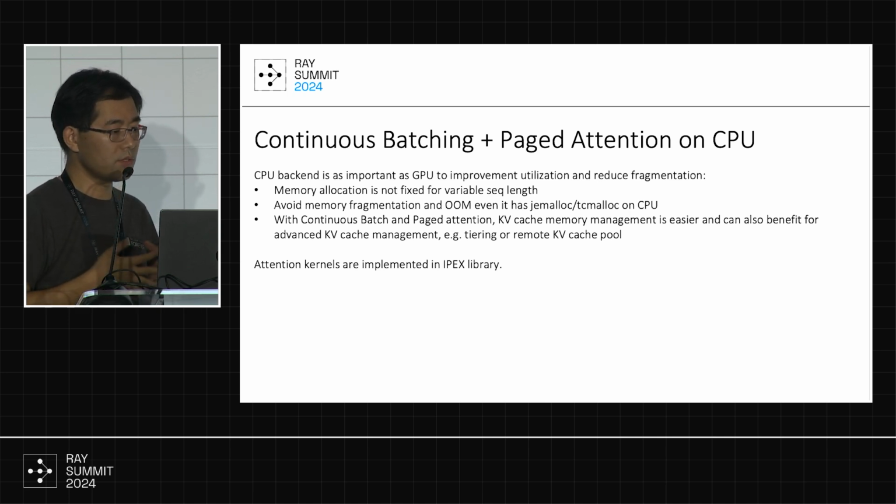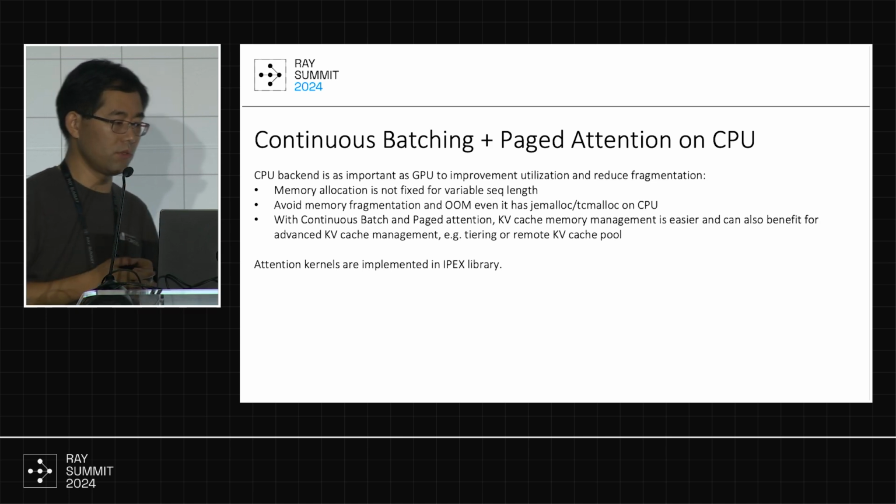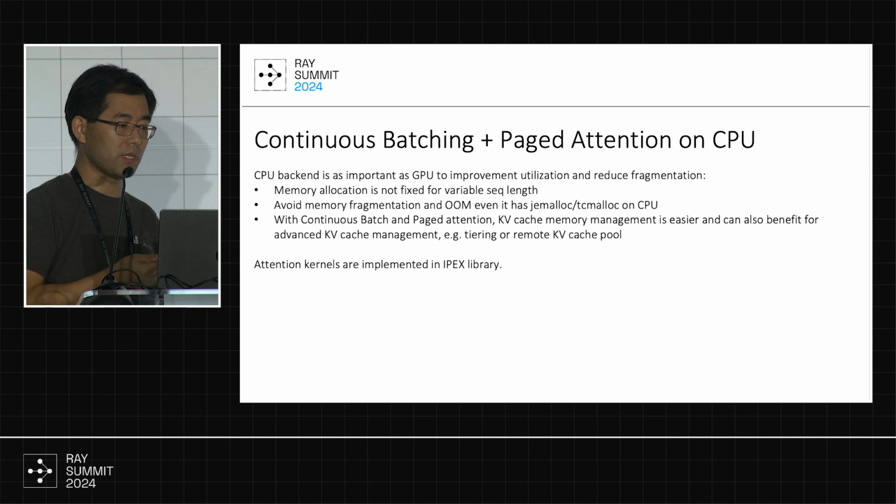With continuous batching and paged attention, KV cache memory management becomes much easier, and it is also very beneficial for adding advanced features like tiering or remote KV cache pools. And from the kernel perspective, as I said earlier, they are all implemented in the IPEX library.